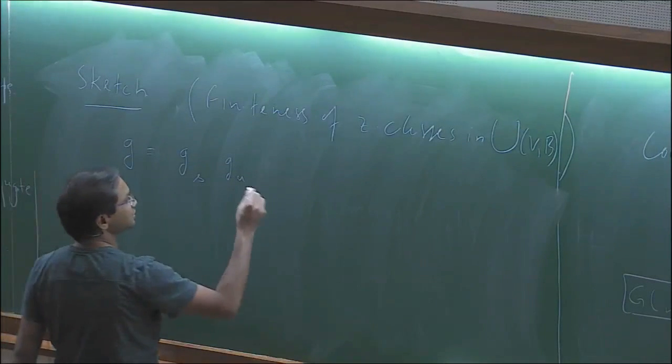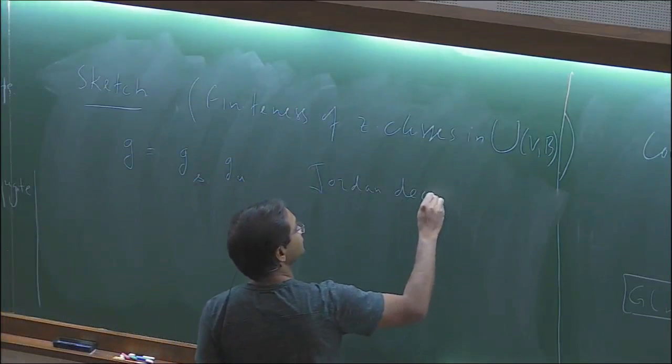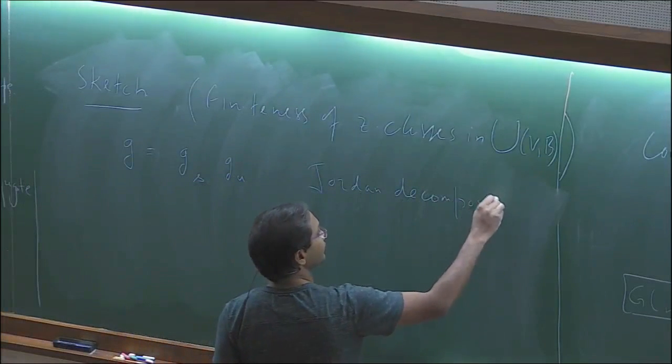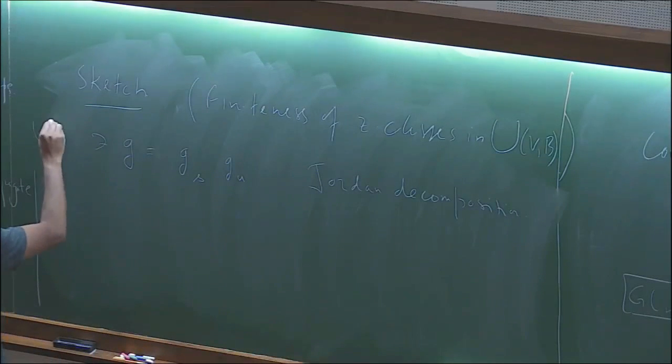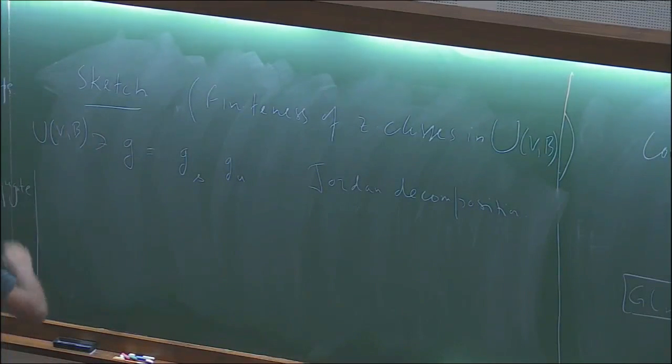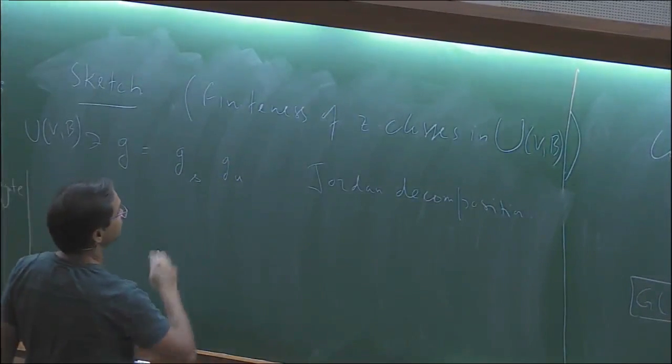So let's say this is the Jordan decomposition. My element g belongs to the unitary group. Then we also know that these two elements commute.